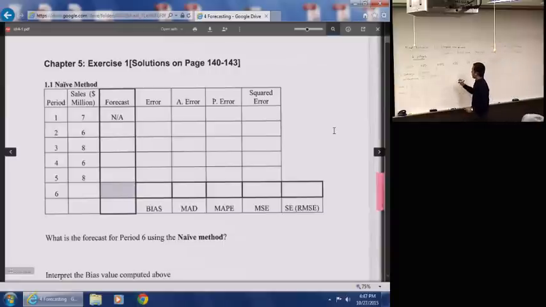Can you repeat the steps of computing the MAD one more time? Sure. Let's give an illustrative example. I can draw it over here so that we can use it later. We have actual sales and predicted sales, then errors, and then absolute errors.